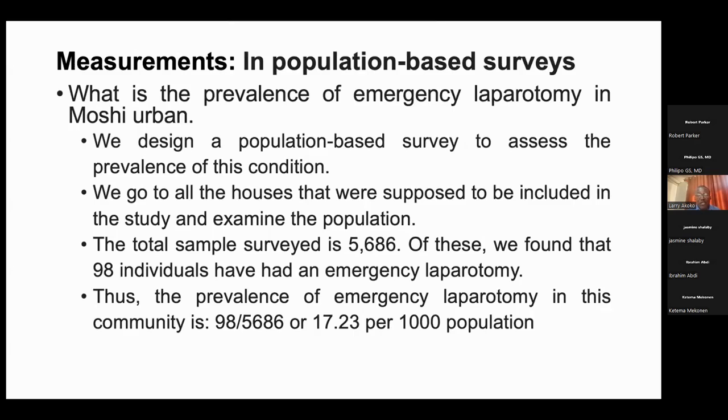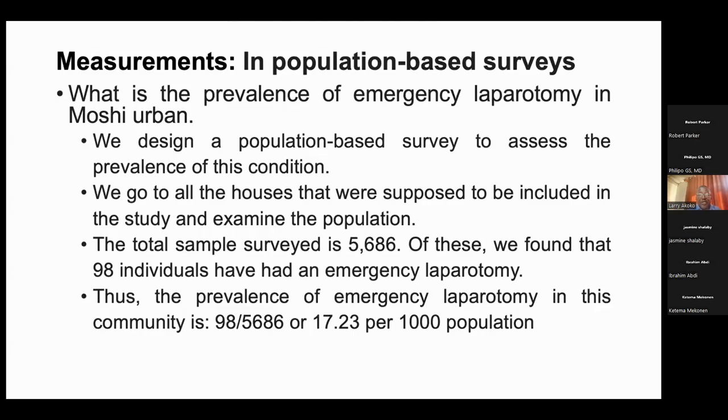It is very important to establish the prevalence of the disease, because it will help you in planning and knowing how to allocate your resources. If you don't know the prevalence, you will be on a journey without a compass, without a direction.